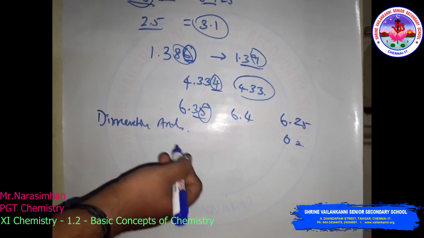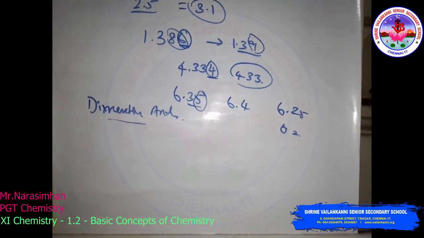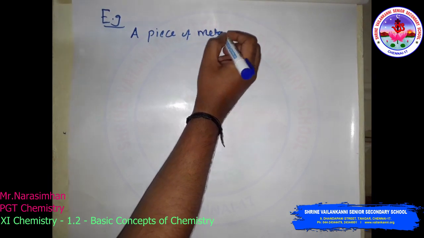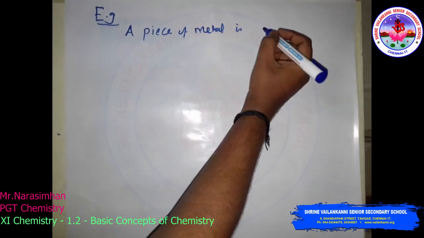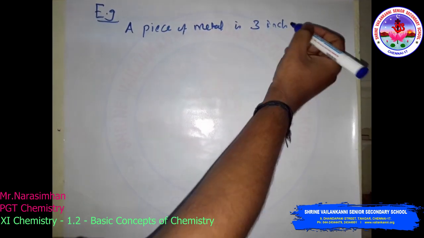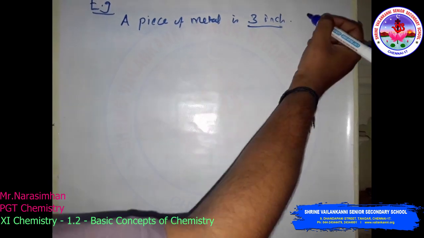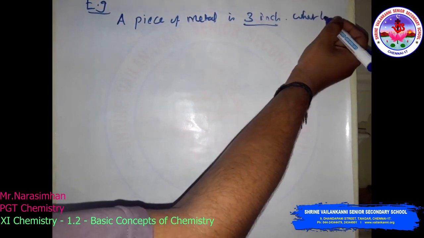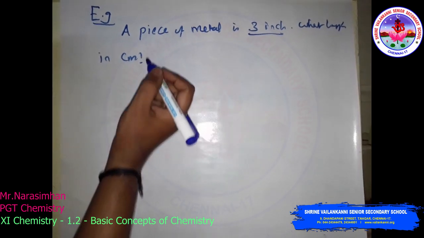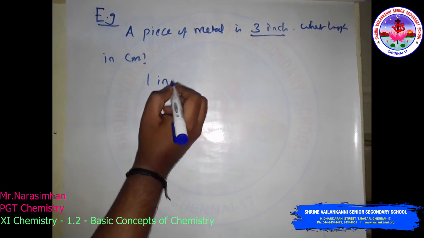So I will write one example. A piece of metal is 3 inch. What is the length in centimeter?